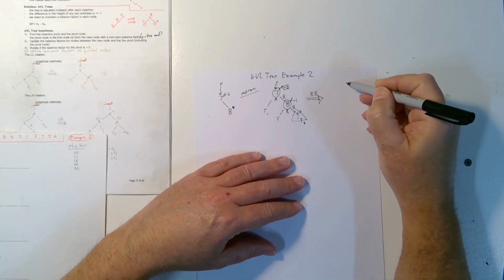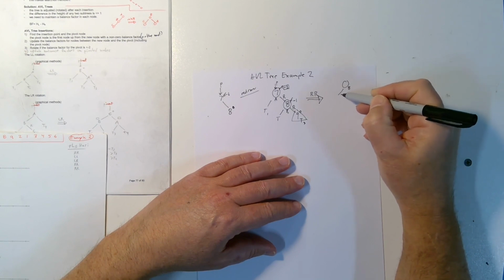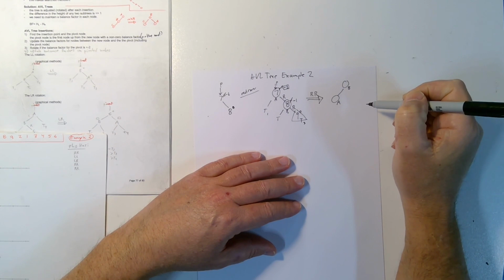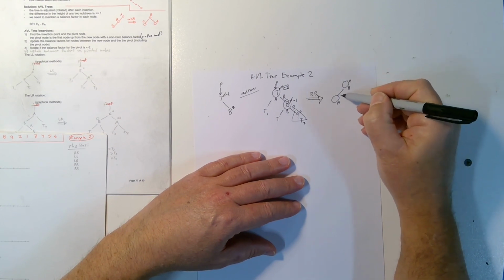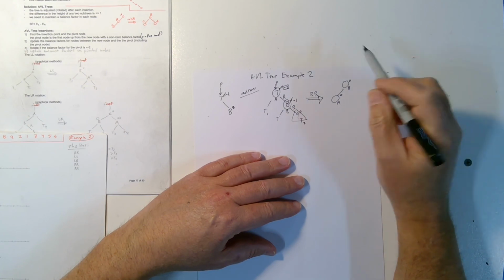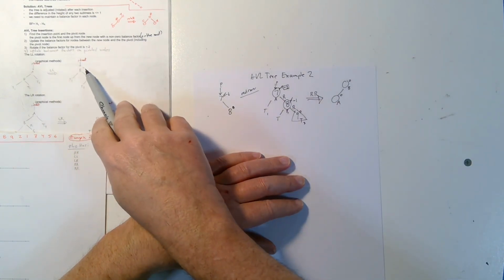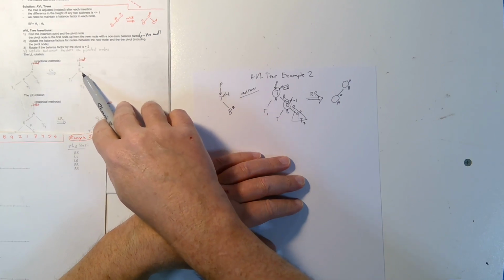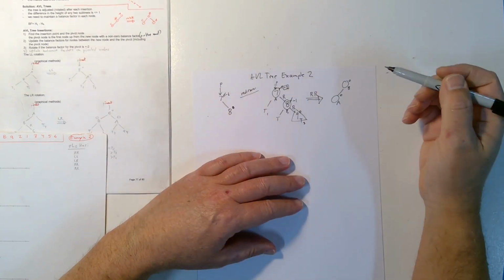So the new orientation is B here and A here. Those are going to have balance factors of 0 always for left-left and right-right. After the rotation, the lettered nodes have balance factors of 0.